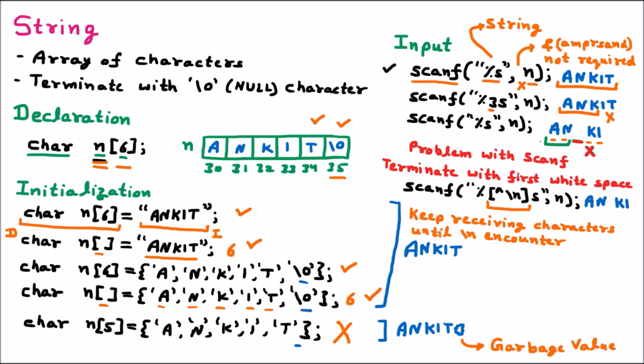We know that pressing enter means \n. So here \n is encountered, and it is going to take the complete string till that. So "an", space, "k", "i", everything will be stored inside the string, which is the character array n.